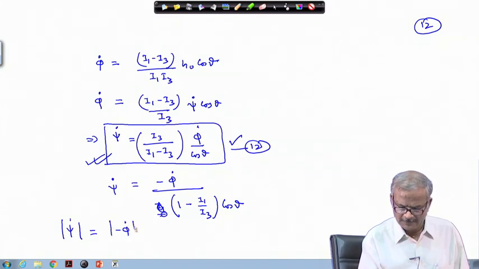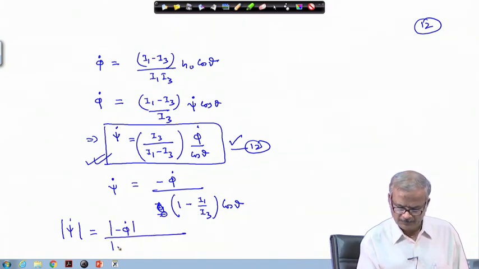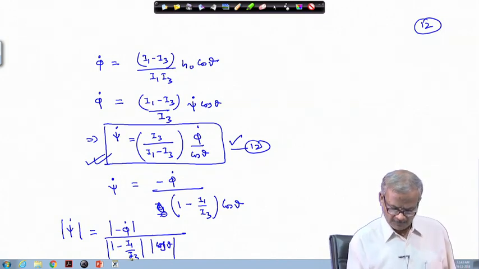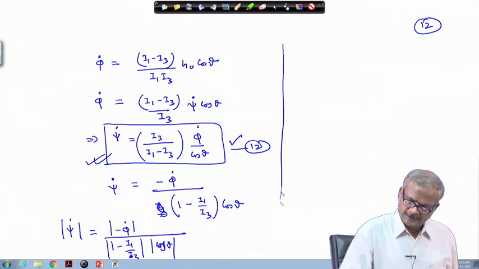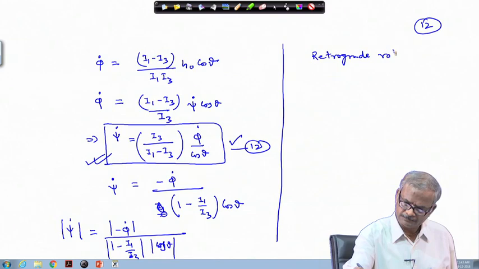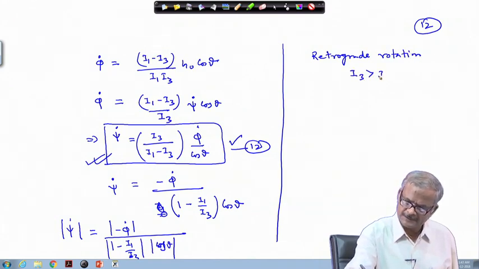and psi dot magnitude then you can write as minus phi dot magnitude divided by I3 magnitude times cos theta magnitude. And already we have discussed a few things about the retrograde rotation, which is the case when I3 is greater than I1.